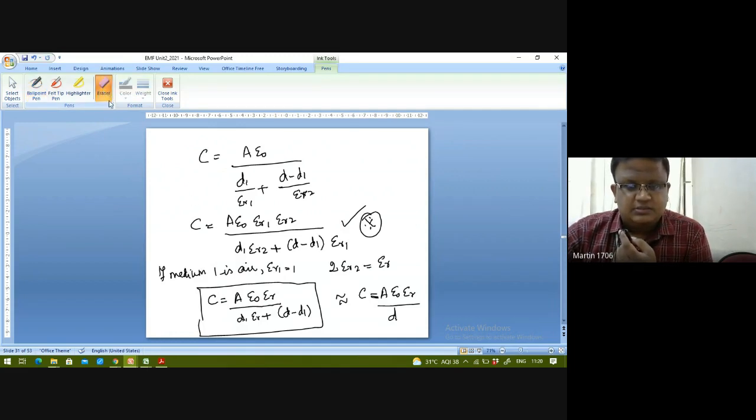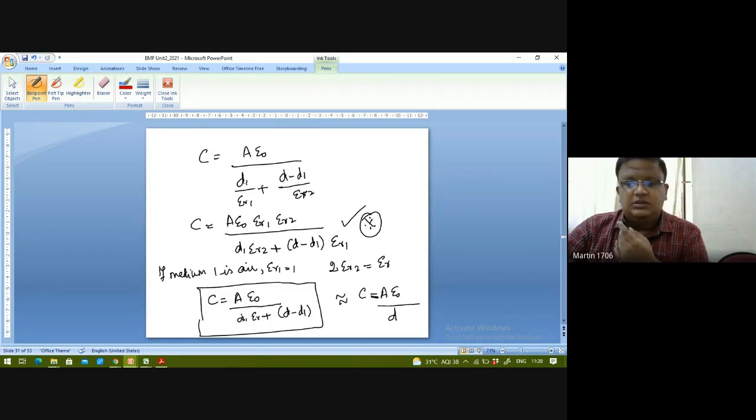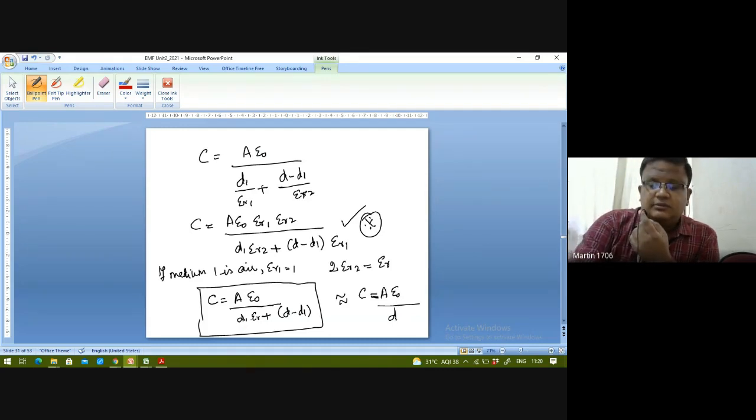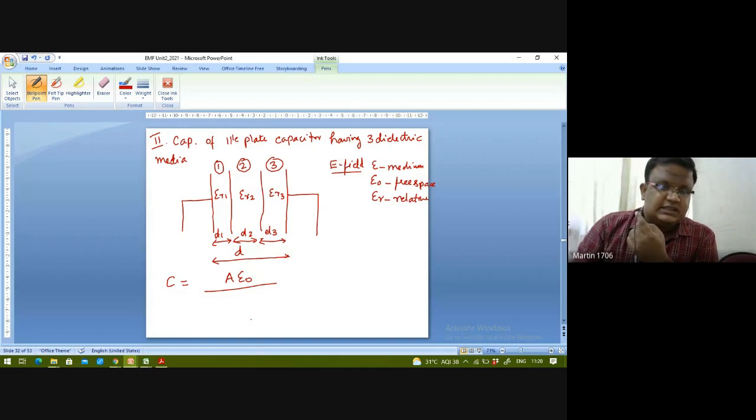Definitely not. It is equal to 1. So the value for this is C equal to A epsilon naught divided by epsilon R1. This is the formula we attained in the previous case.